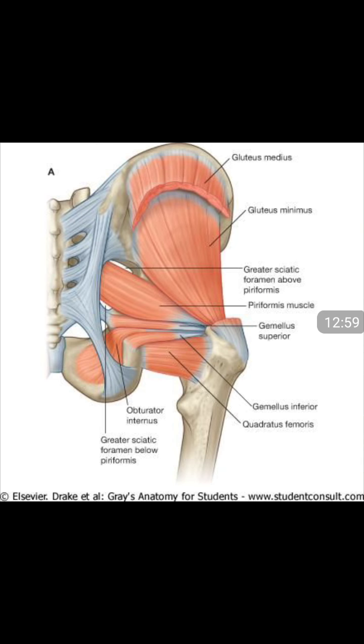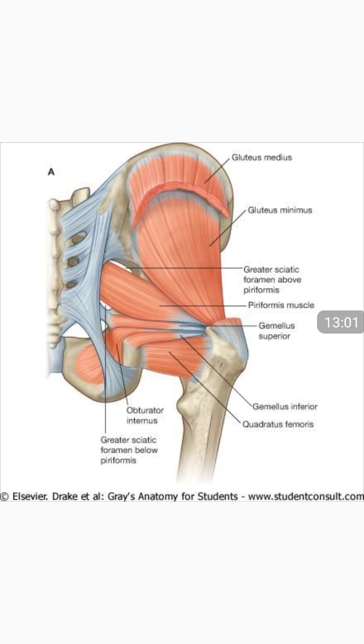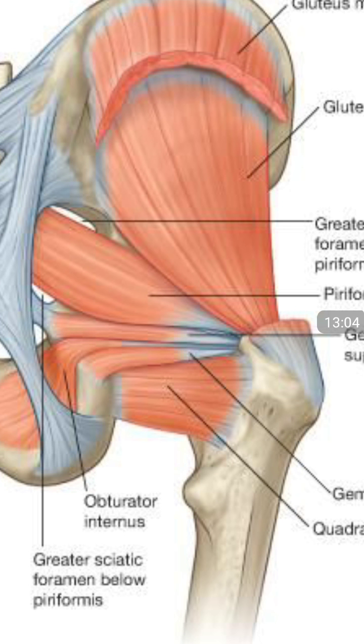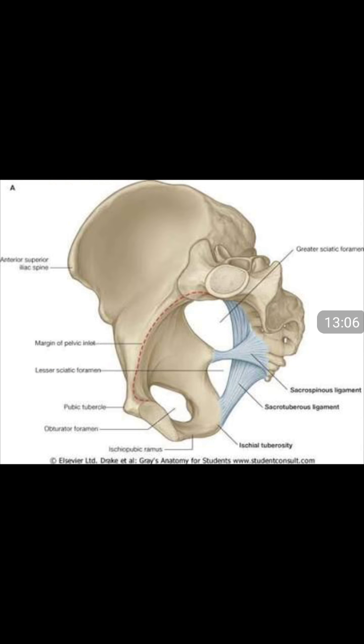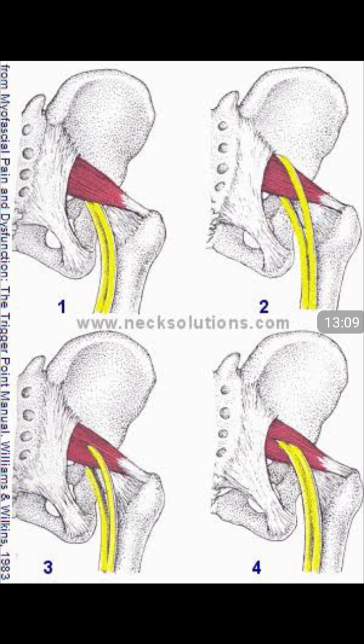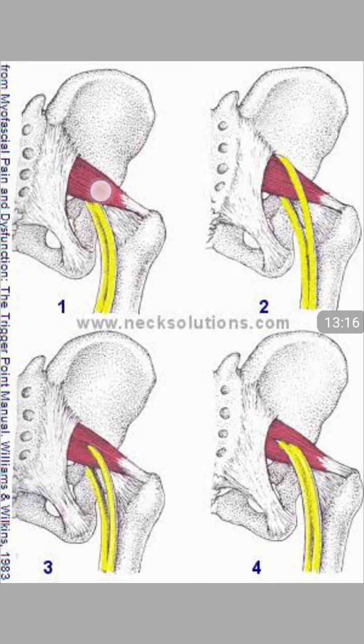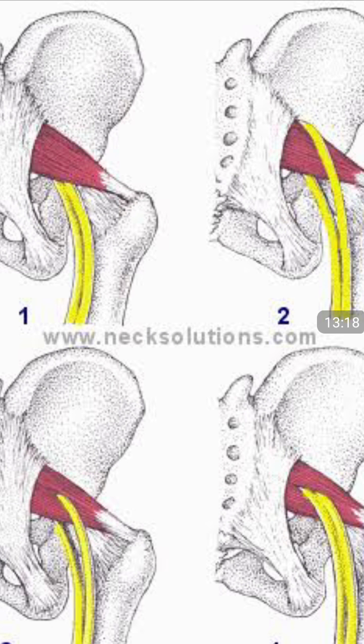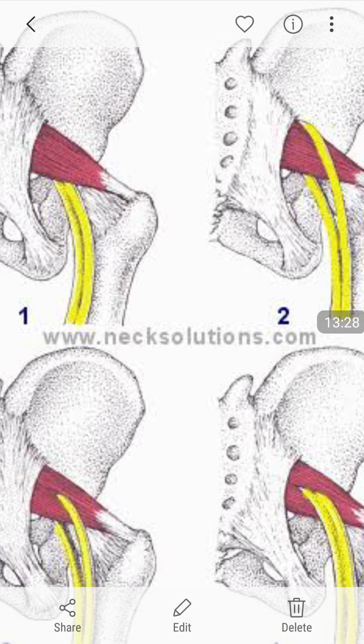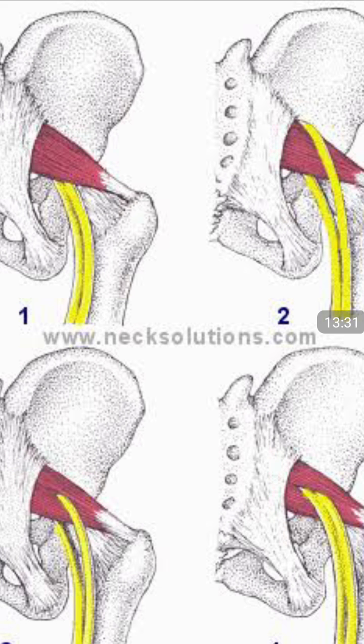So in the same diagram here you see the piriformis muscle. It is coming out of the pelvis through the greater sciatic foramen. In the same video I would like to explain piriformis syndrome. Here you see the piriformis muscle. The sciatic nerve is comprised of two parts, common peroneal part and tibial part. They originate separately within the pelvis from the lumbar plexus.